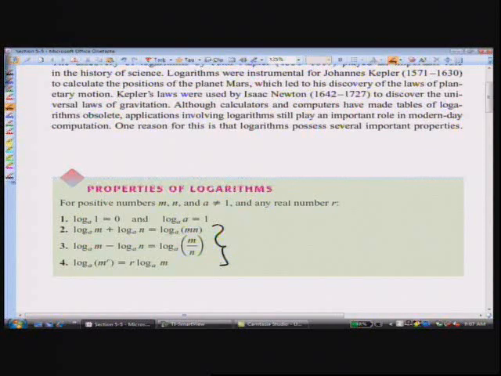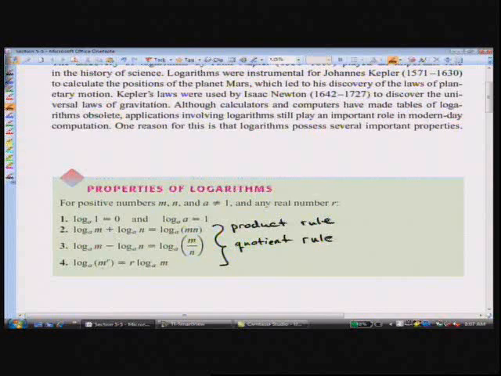These next three are the really exciting properties. The log of a product is equal to the sum of the individual logs. That first one is called the product rule. Then the log of a quotient, division, is equal to the difference of the individual logs. So that's the quotient rule.